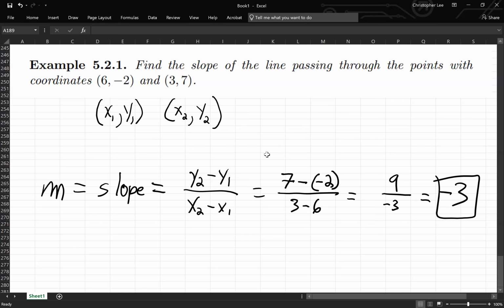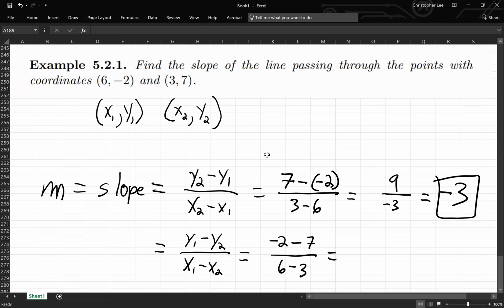But just to prove to you guys real quick, I'm going to flip the formula. This is y1 minus y2 over x1 minus x2. Just to show you guys. So y1 we said was -2 minus y2, which is 7, over x1, which is 6, minus the x2, which is 3.